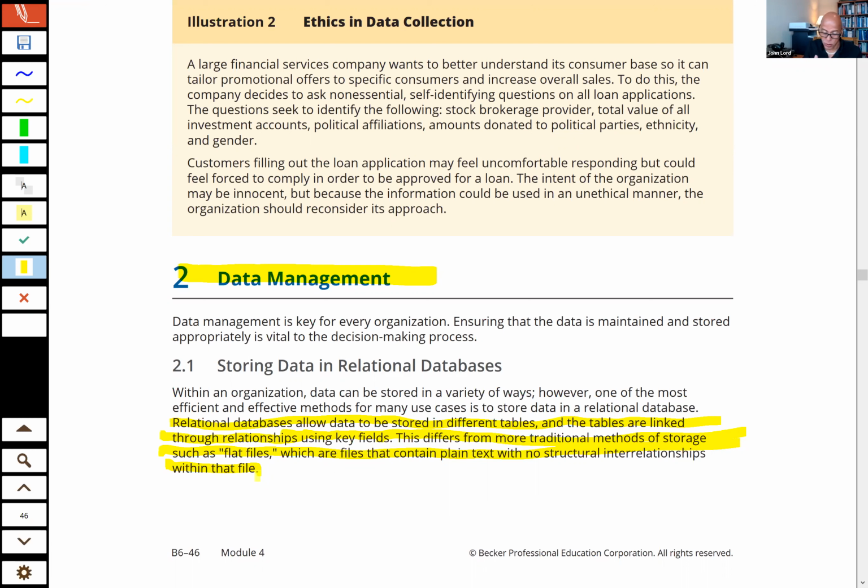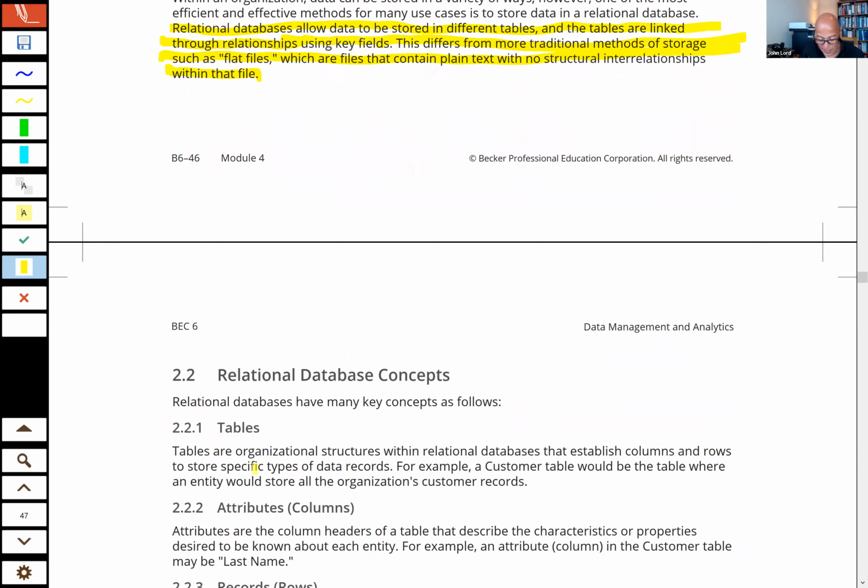So often as auditors, we ask for the data in a flat file, and then we build our own relational tables so that we can do the various analysis that we want. But companies that are trying to figure out marketing strategies will take the data, put it in the relational tables so they can do the different analyses that they want.